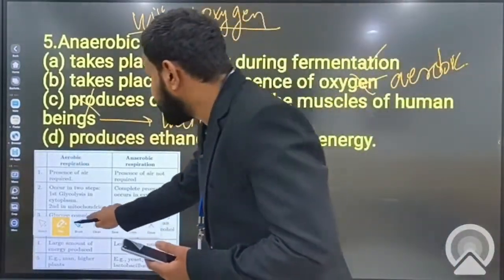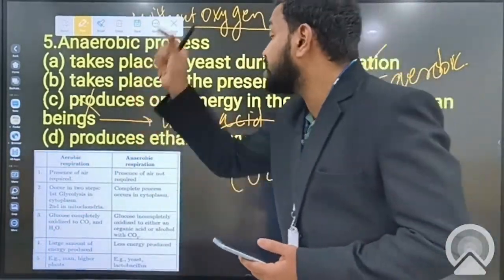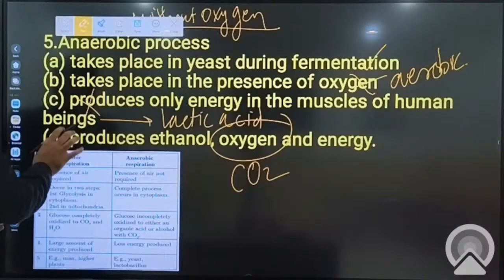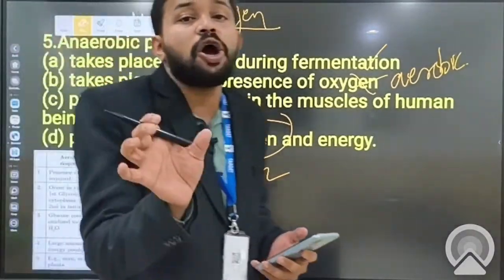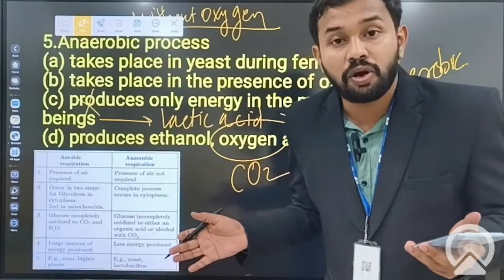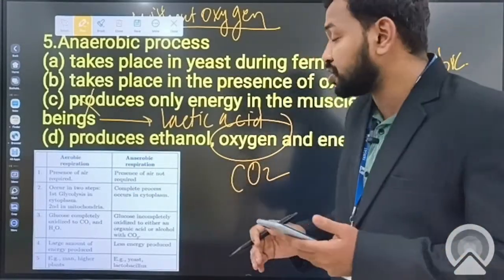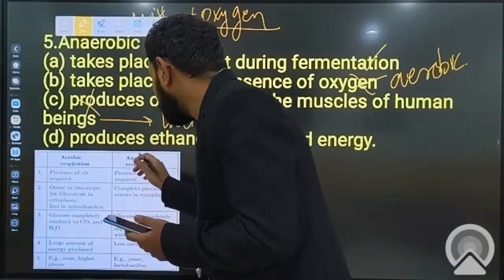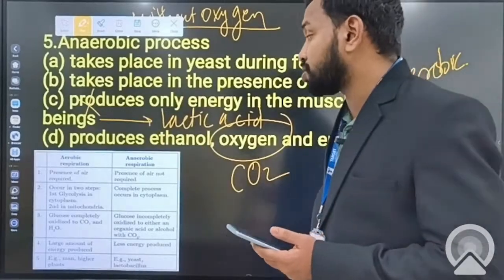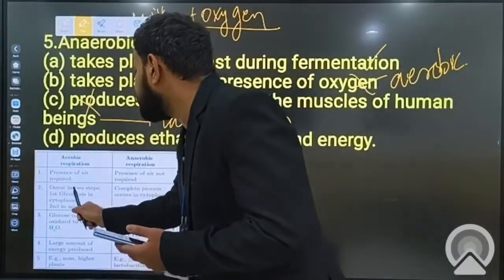Then an important area: what are the differences between aerobic respiration and anaerobic respiration. It's very important. Aerobic respiration takes place in the presence of air or oxygen. What about anaerobic respiration? It takes place in the absence of oxygen. Aerobic respiration occurs in two steps.